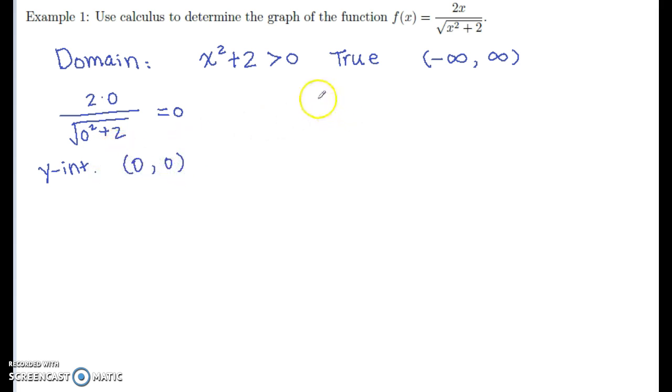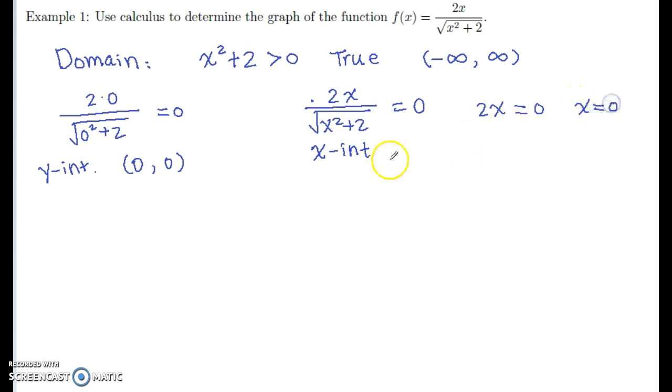We solve for y. Now, to find the x-intercept, we set the function 2x over the square root equal to 0 and solve for x. So we multiply both sides by the denominator, we get 2x equals 0. Therefore, x equals 0. So the x-intercept is also (0, 0).